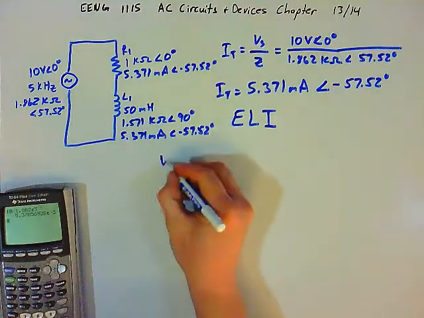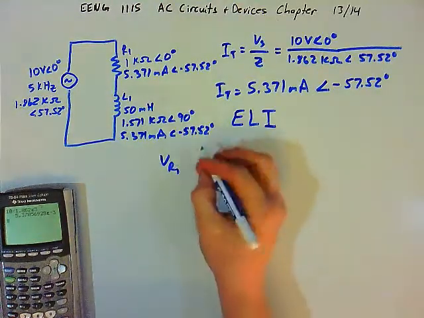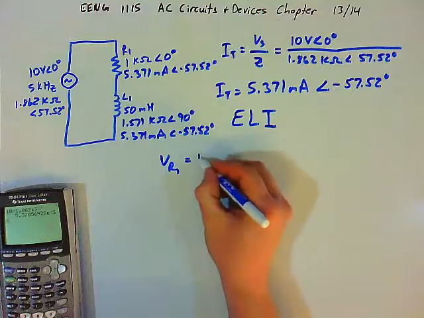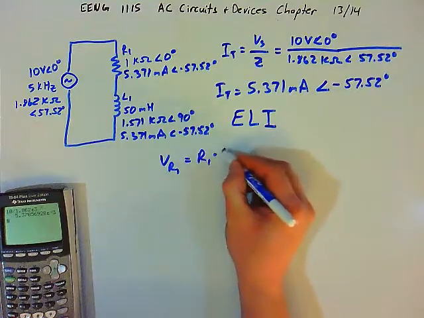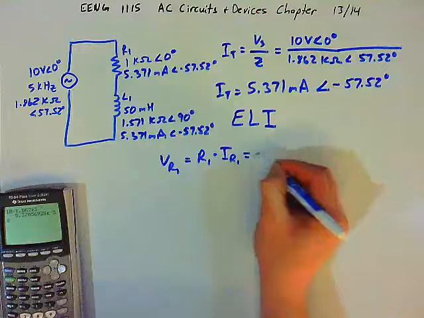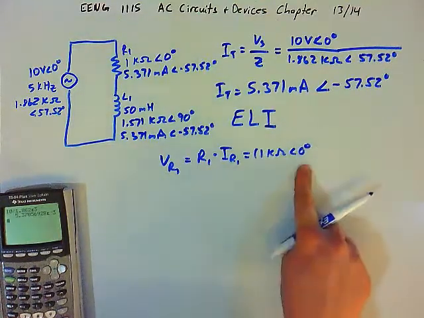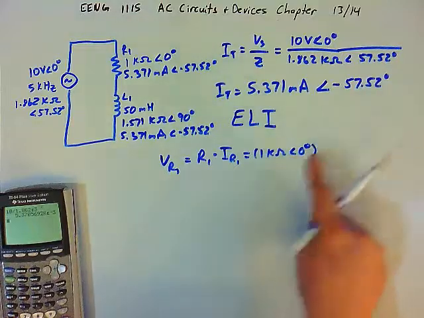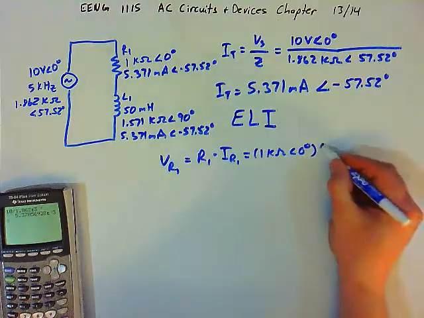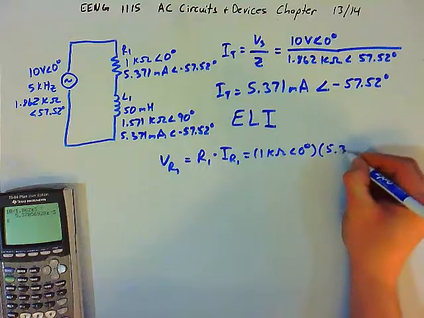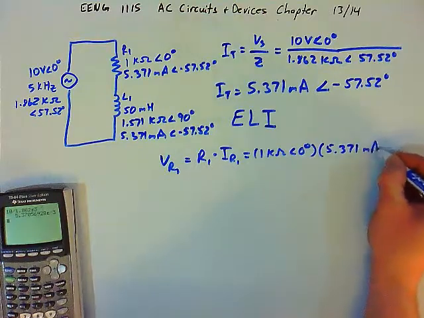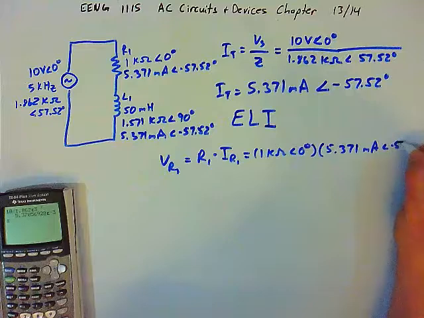So the voltage drop across resistor 1 will be equal to R1 times the current in R1, which is going to be 1 kiloohm at 0 degrees. Remember, these are vectors. Always include the angle with your vectors. Times the current, 5.371 milliamps at an angle of negative 57.52 degrees.